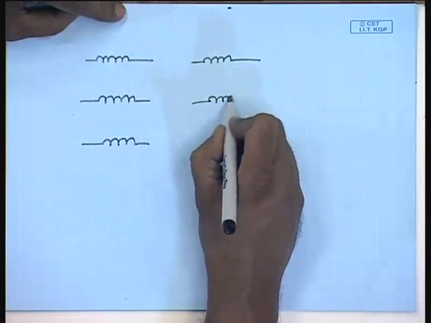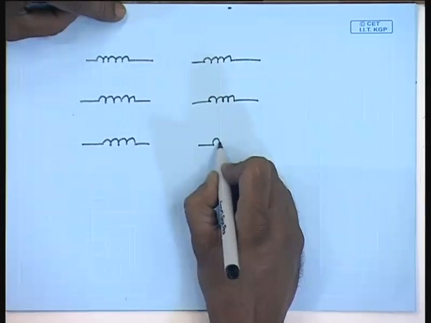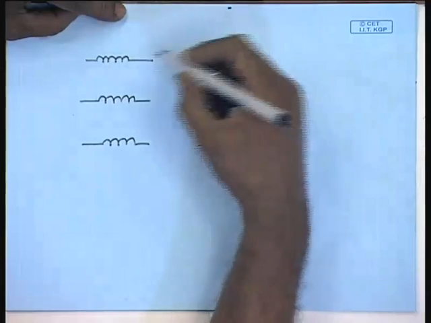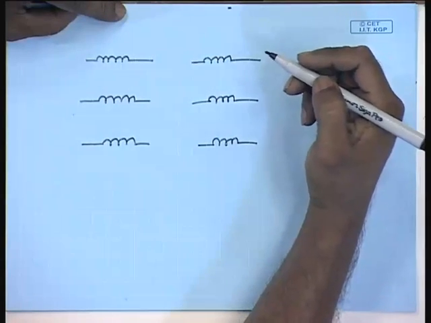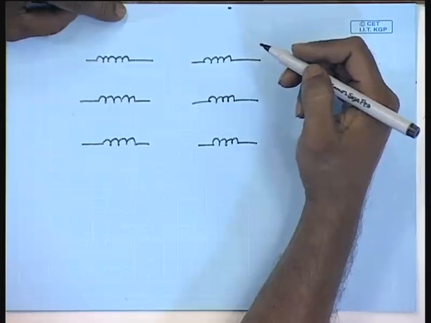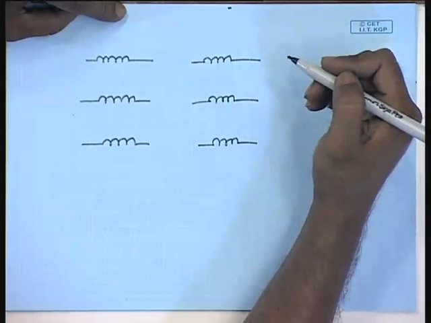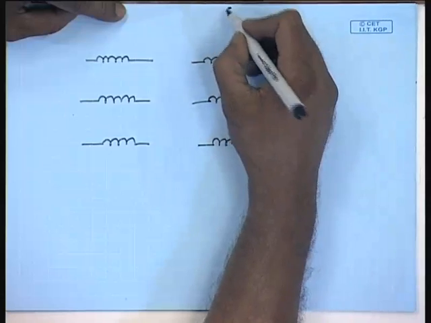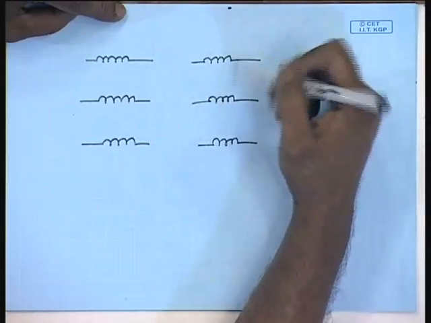This is the minimum. In many cases, either the high voltage winding or low voltage winding can be split into 2 parts, giving 9 sets of windings. Even in the simplest case, there will be at least 6 windings.